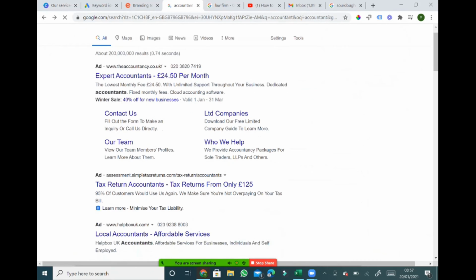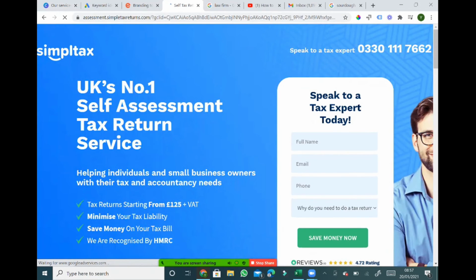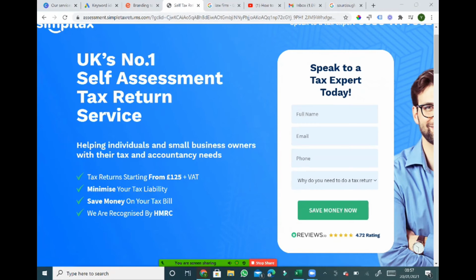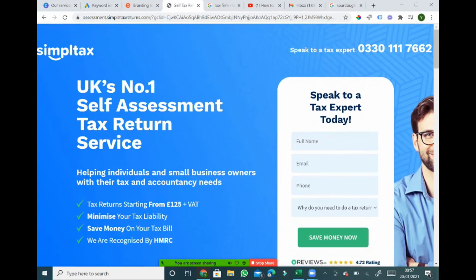And if you look at another one down here, you've got tax returns for only £125. Again, the call to action is right there. I like the way they put the reviews down there. So you come to this page, there's nothing for you to click on at the top. There's no menu to click on. It's literally just put your name, email, and phone number. So they want to call you, and either you call them or you fill in that box, and the call to action, save money now.